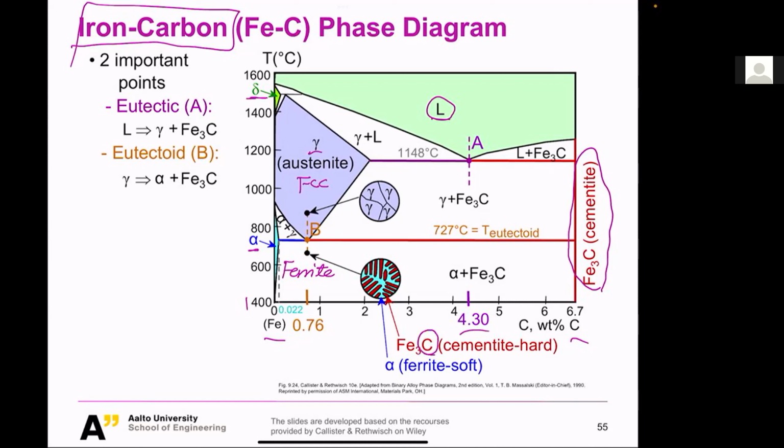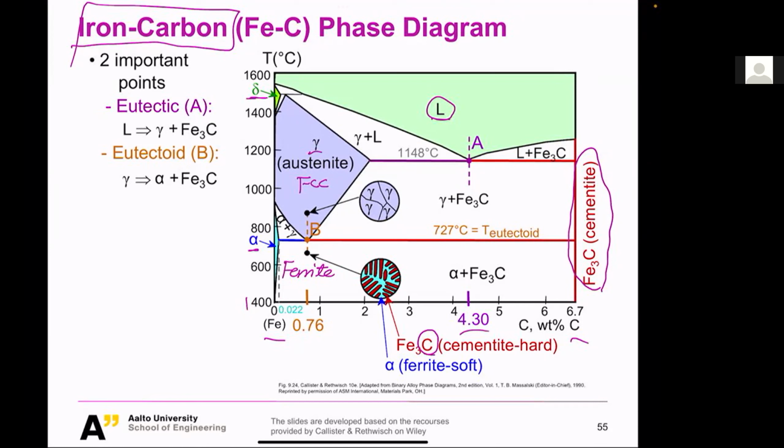Maybe remember the first kind of strengthening mechanism we were speaking about two weeks ago. Strengthening a material is basically done by what? By solid solutioning. Basically, you dissolve carbon or any other atoms into your matrix, into your FCC or BCC microstructure.